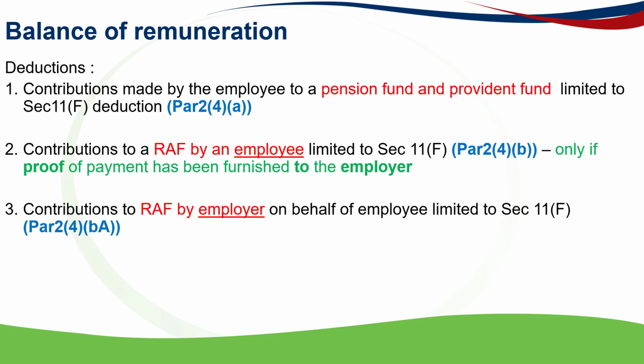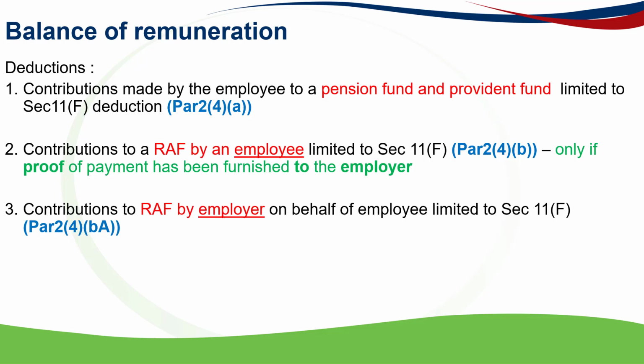The third deduction is any contribution made to a retirement annuity fund by the employer on behalf of the employee. So in this case, you just go back to the basics. If the employer is the one that is making those retirement annuity fund contributions, then they have access to this information and they can use it in their calculation, right?